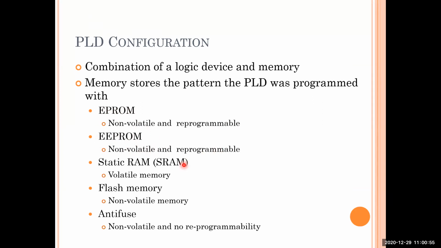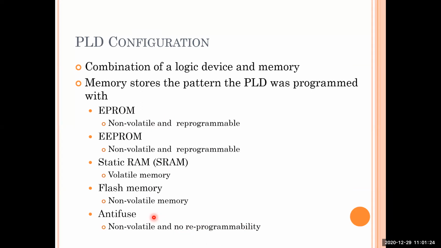Coming to the other types of PLD configurations, we can design it with the help of SRAM, which is volatile, and flash memory is also used, which is again non-volatile memory. Another kind of memory which can be used is an anti-fuse. It is non-volatile, but non-programmable. That's the major difference between the anti-fuse and the other types. EPROM and EEPROMs are reprogrammable, but when it comes to anti-fuse, no reprogramming can be done.